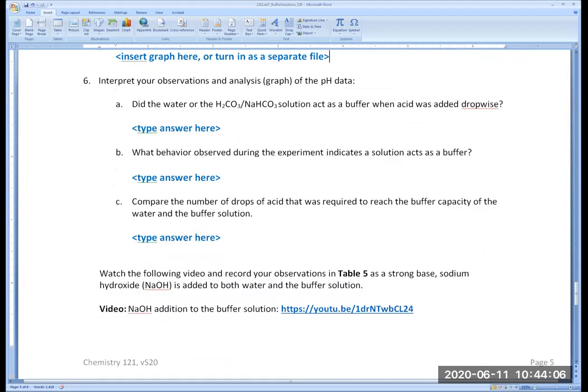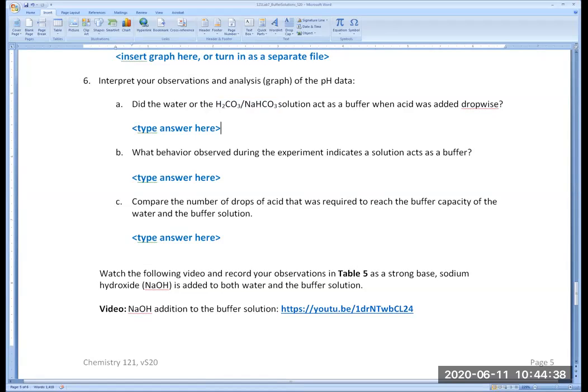Tell which one of the two, the water or the H2CO3 NaOH solution, acted as a buffer. Question B is basically asking, what behavior observed during the experiment indicates a solution acts as a buffer? What makes you think the solution you said here is acting as a buffer? What's particular about it that tells you it's a buffer?